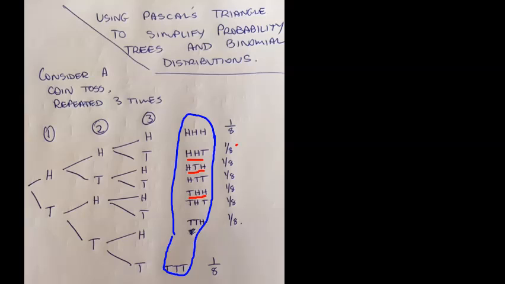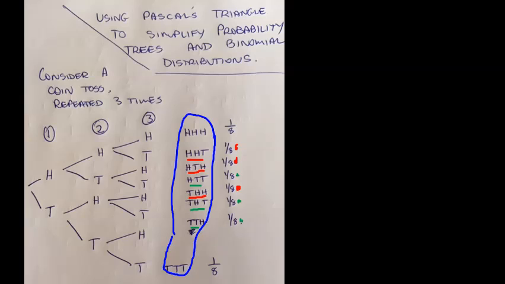Can you see that there's going to be 1, 2, 3 lots of 1/8 that describes 2 heads and a tail? Similarly, you're going to have a head, tail, tail, a tail, head, head, and a tail, tail, head. The 3 of them, again, describing the same sort of outcome.